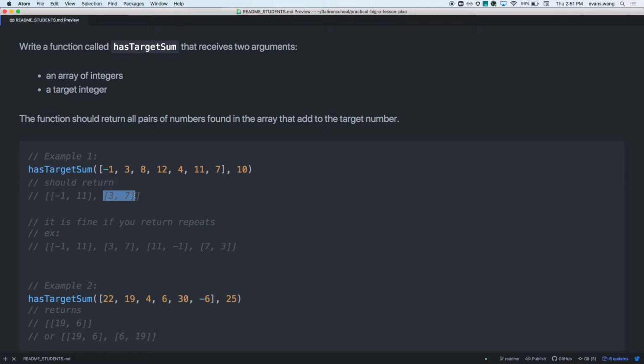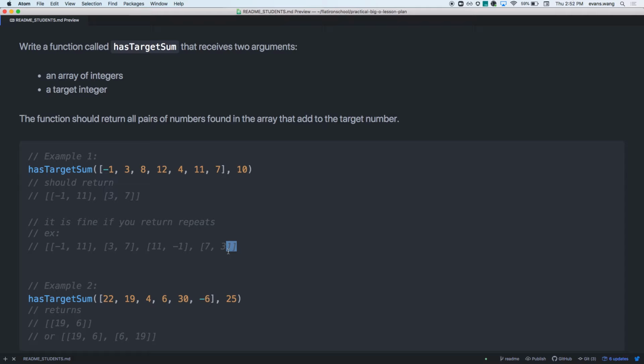For right now, if you return repeats, or 3 and 7 and 7 and 3, it's totally fine. Sometimes they'll give you constraints where they'll say no repeats, no duplicates, and that becomes a little bit more challenging. All right? Any questions so far in terms of what to expect from these whiteboard algorithm questions?